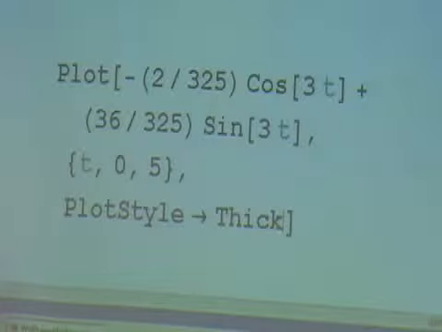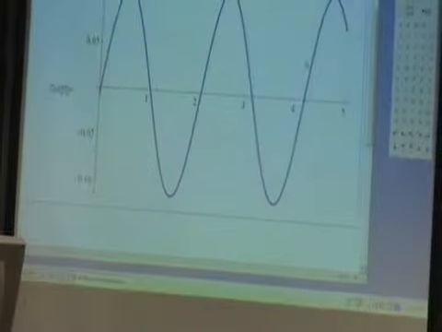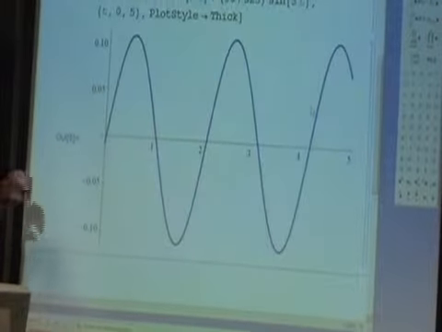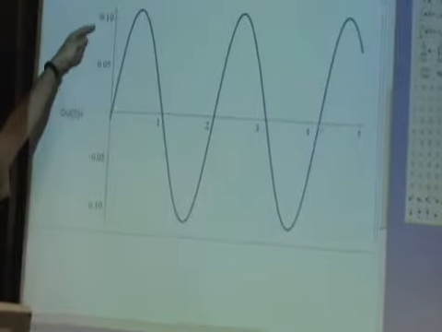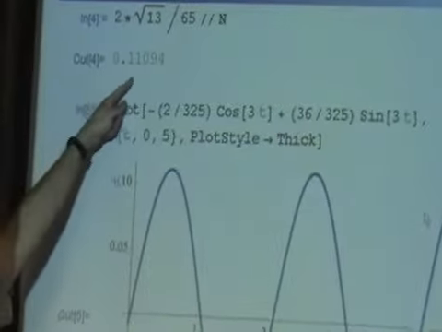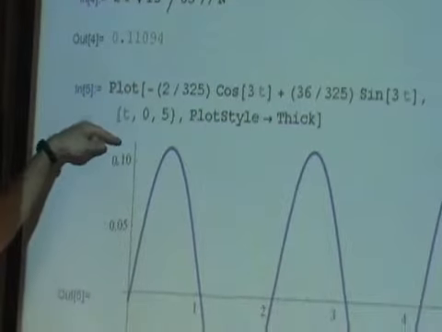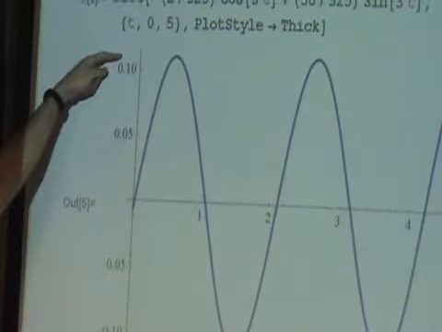All right, here we go. Look at the scale here. The amplitude looks about right. It was, look at the very top, it was about 0.11. And that's where this is, about 0.11.